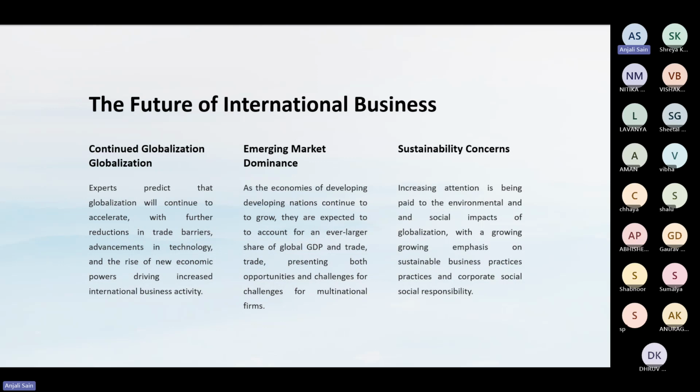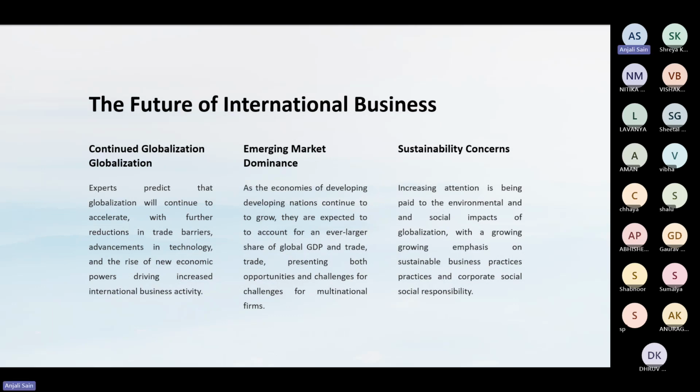They are manufacturing some product, but they are also keeping an eye on what will be the impact of their product on the environment and on society. Now this means that companies are paying attention to the environmental and social impact of globalization, with a growing emphasis on sustainable business practices and CSR responsibilities.